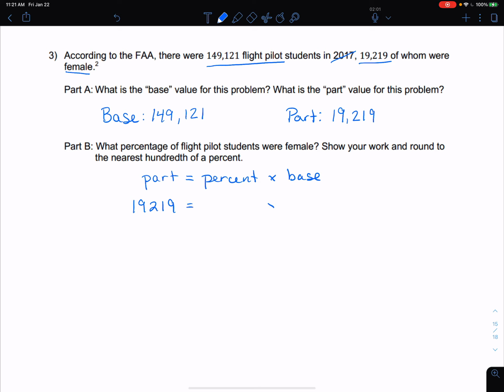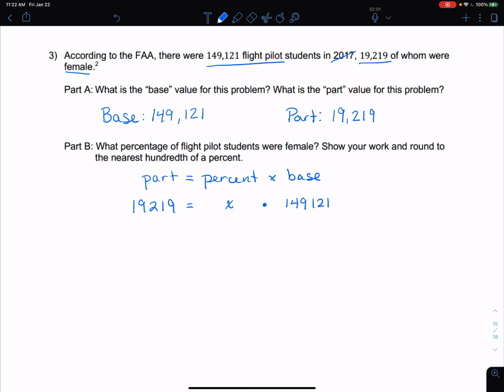The base we identified as 149,121. So the percent is what we don't know. So we usually put a variable in for what we don't know. So I'll use X. So I don't get confused, instead of using X as a times sign as well, I'm going to use the dot as a times sign.